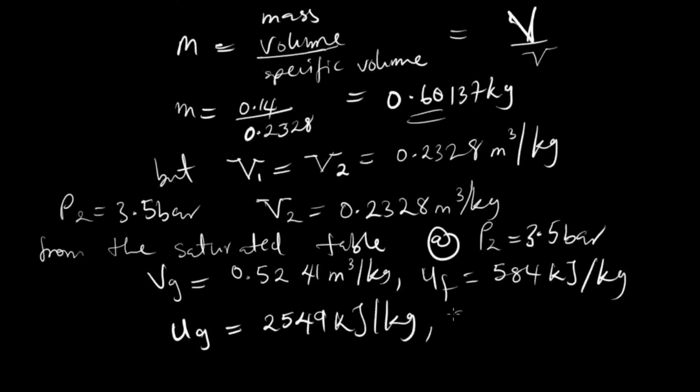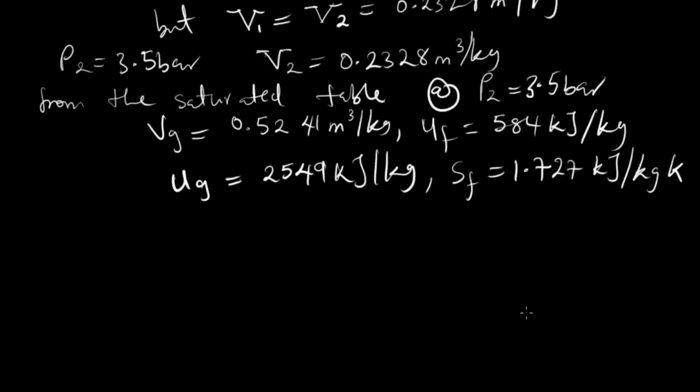Then SF will be 1.727 kilojoules per kilogram Kelvin. So these are the values. Okay, we have SFG, which is 5.214 kilojoule per kilogram Kelvin. So these are the values from the saturated table at pressure 3.5 bar. If you check there, you will see all these values.